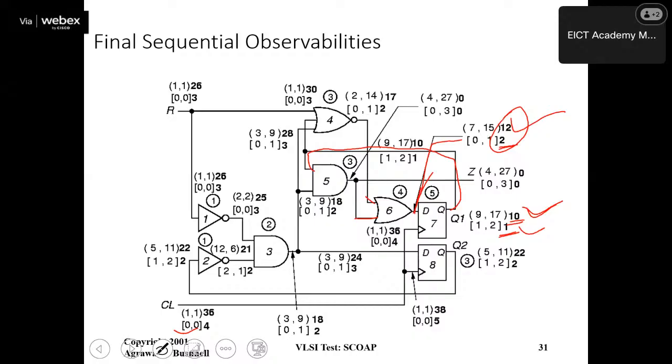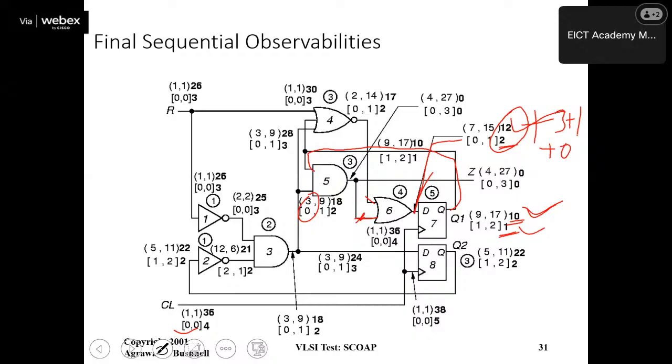You will come back. The non-controlling value of this means 0, so you have to select this one. Add these values, so this becomes plus 3 and here plus 0. Level change, because it is a gate, so it is plus 1. So 12 plus 3 plus 1, it must be 16. No, 15. Yeah, it is 15.